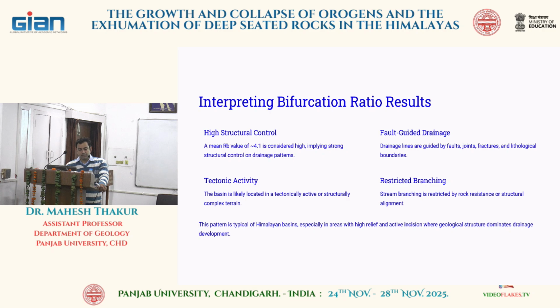Tectonic activity: the basin is likely located in a tectonically active or structurally complex terrain. Restricted branching: stream branching is restricted by rock resistance or structural alignment. This pattern is typical of Himalayan basins, especially in areas with high relief and active incision where geological structures dominate drainage development.